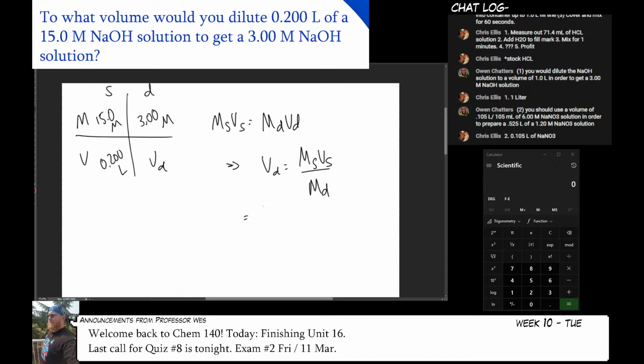So the stock molarity is 15 moles per liter. The stock volume is 0.2 liters. And the dilute molarity is 3. 15 divided by 3 is 5, times 0.2 is, oh look, it's our favorite volume to make solutions out of, 1 liter.